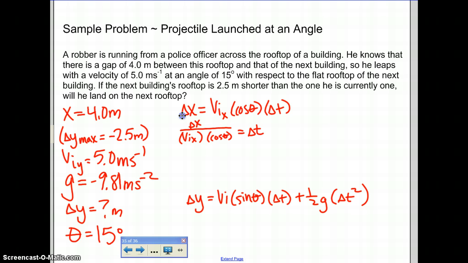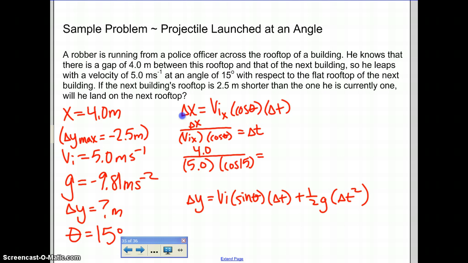Okay, so plugging into that gives us 4.0 divided by 5.0. Let's go over here and fix this real quick. You have an initial velocity of 5.0 meters per second. Nice error to catch there, guys. So your initial velocity is 5.0, and you have a cosine of 15 degrees.